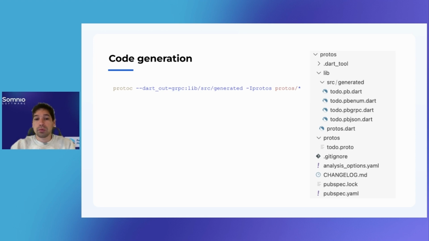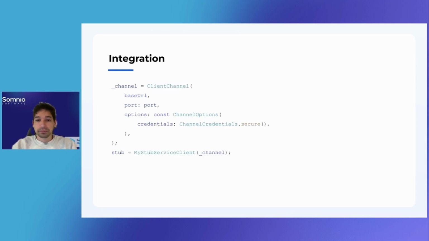In this case, if we run this command with protoc, we can auto-generate all of these Dart classes, and that will mean that we will have access to, for example, a to-do class in Dart, or even services that provide all of the endpoints that we define in our service in the proto file. This is wrapped as a library, and we can start using it in our Flutter app.